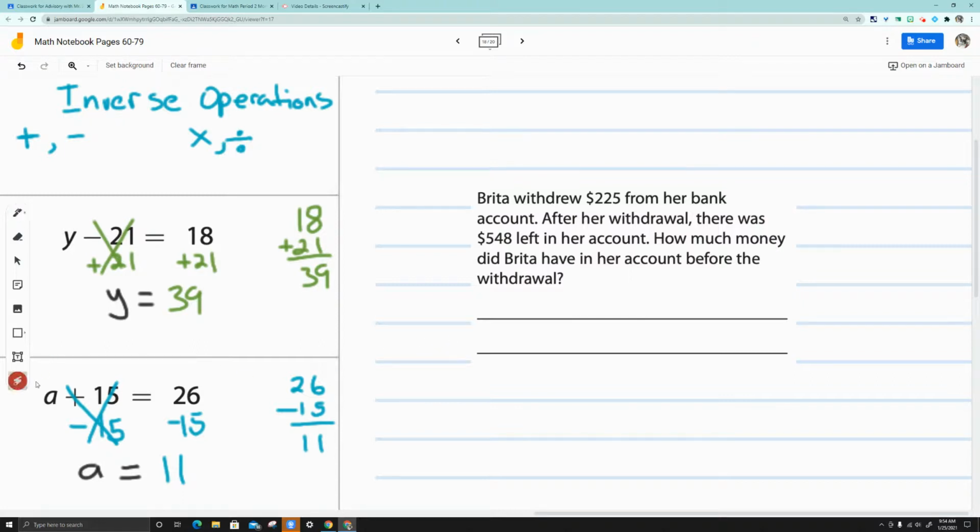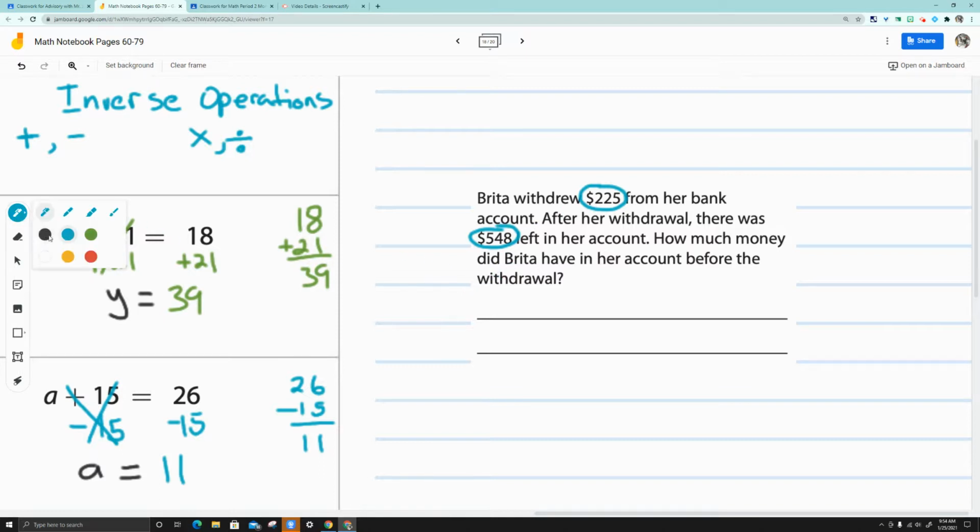But on this problem, it says Britta withdrew $225 from her bank account. After her withdrawal, there was $548 left in her account. How much money did Britta have in her account before the withdrawal? Looking at this problem, I can already see some numbers here. $225, $548.